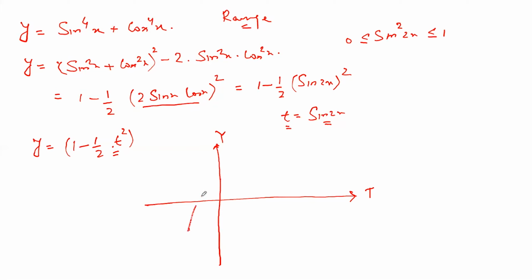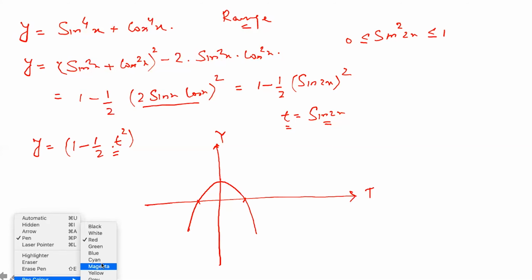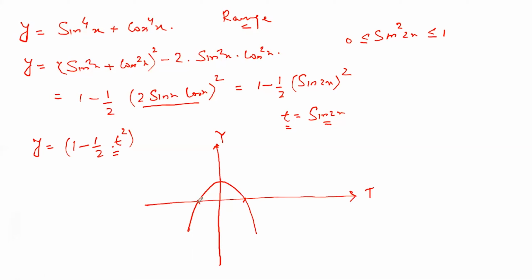At root 2 and minus root 2, this will be 0. But again, to see this, we'll change the color. This will be 0 at these 2 points. If we equate this to 0, this will be root 2 comma 0 and minus root 2 comma 0.